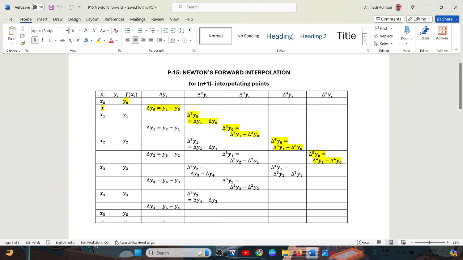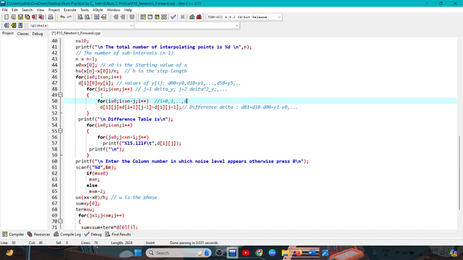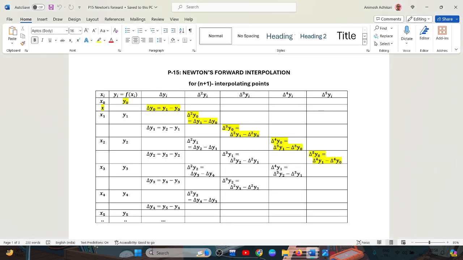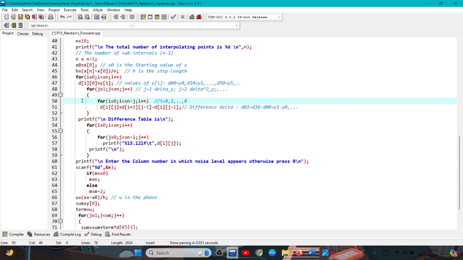When j equal to 2, i runs from 0 to 9 minus 2, that's 7. So for j equal to 2 we get the second order difference, delta 2 y. Similarly for j equal to 3, the third order difference, and so on.